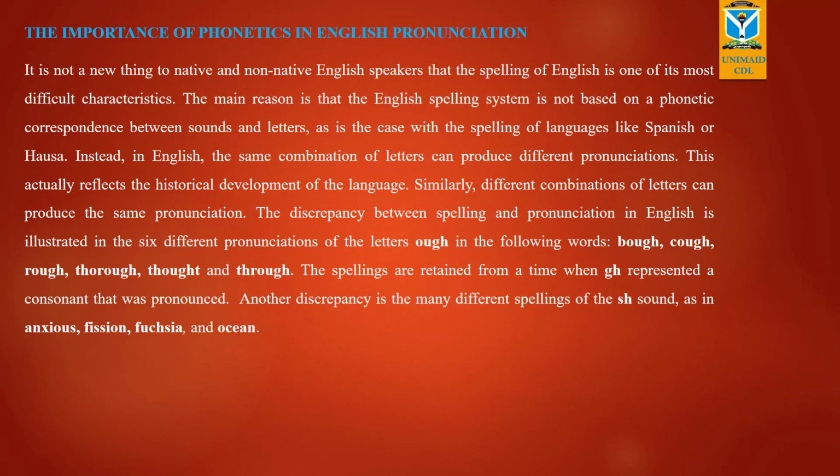Another discrepancy is the many different spellings of the sound sh, for instance. That is when you have a word like anxious, fission, fuchsia, and ocean. The sh sound is realized differently.